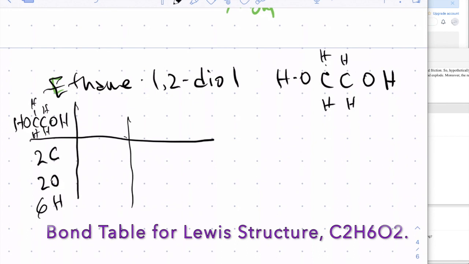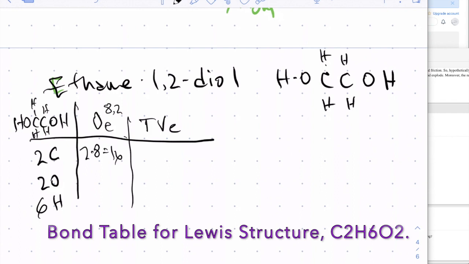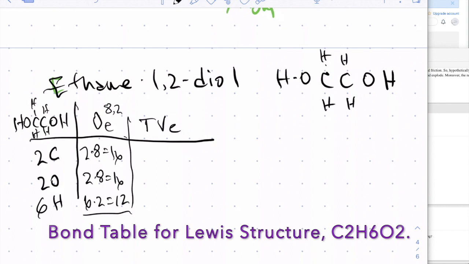So to work on this, again, we have the octet electrons and the total valence electrons. So remember that this column can only be 8 or 2, and it's only 2 for hydrogens. So 2 times 8 is 16. 2 times 8 is 16. 6 times 2 is 12. So we have a total of 32 plus 12 is 44.